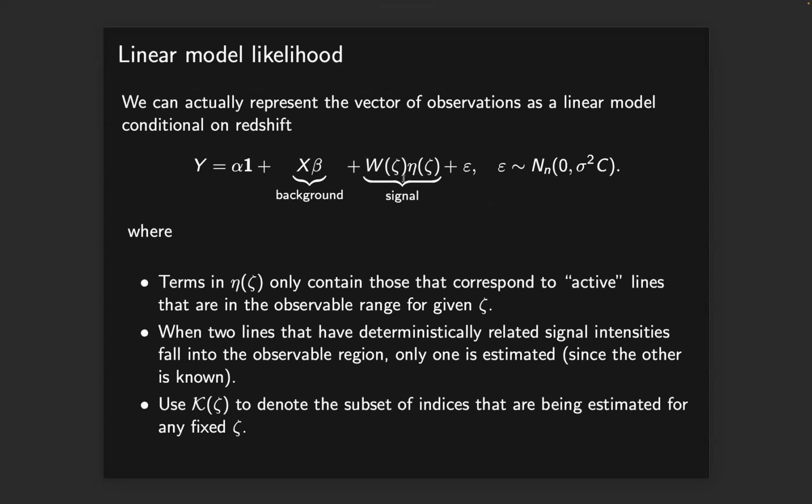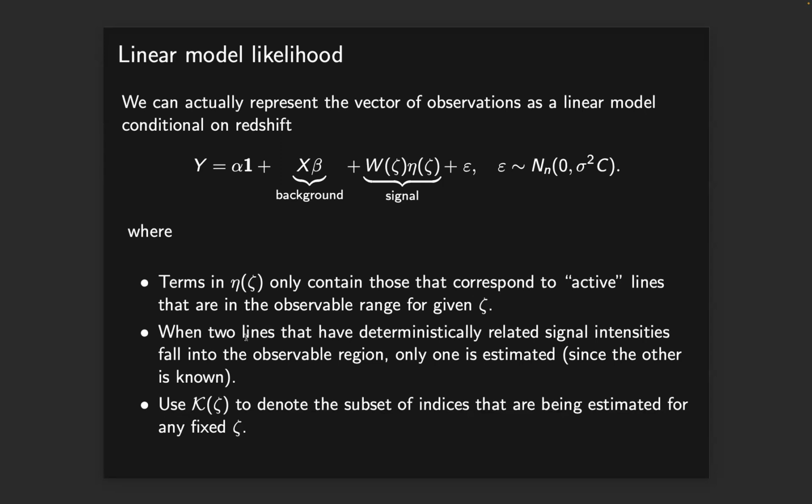So for every fixed redshift, this W matrix and this eta vector are well-defined. We know which lines fall into the observable range, because the key bit here is redshift is pushing lines in and out of ranges that we could actually observe, and that needs to be accounted for. So writing eta as a function of redshift denotes that this is only the set of active lines that are in the observable range for this given redshift.